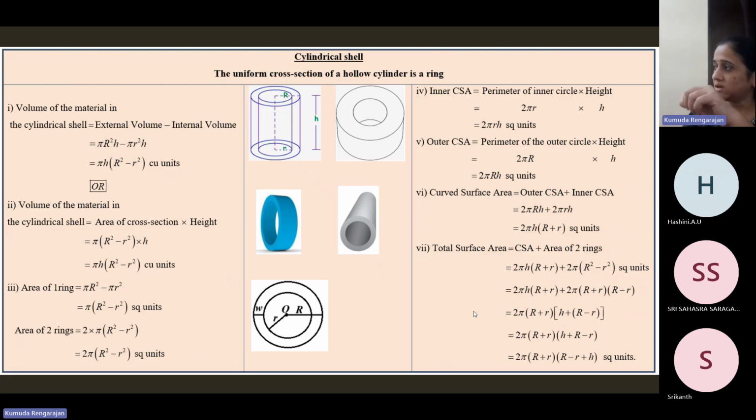The wall of the coconut is thick, while the wall of the spherical balloon is thin. The balloon you can also call a hollow sphere, whereas a coconut is not strictly a hollow sphere, it is a spherical shell. When we use the term shell, that means the wall is thick. So if coconut exists in real life, then we do have applications of mensuration, right?